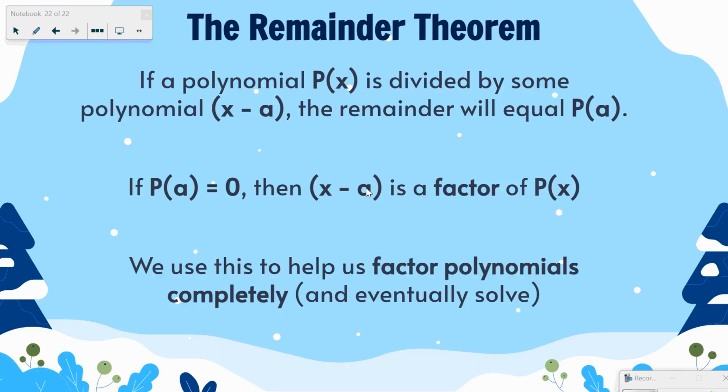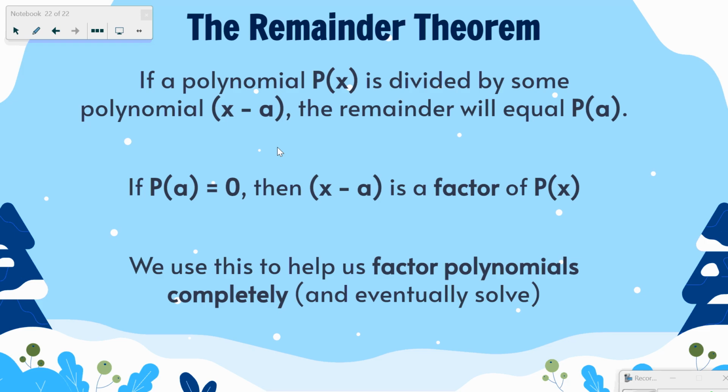Here's how our remainder theorem can help us solve problems even more. If a polynomial is divided by some linear factor, like x minus a, that remainder will equal the polynomial when you plug in that a. Same idea: that value used for synthetic division, where you flipped the sign, plug that in, and that will help you find the remainder. So it can really help us determine if this is going to be a factor.